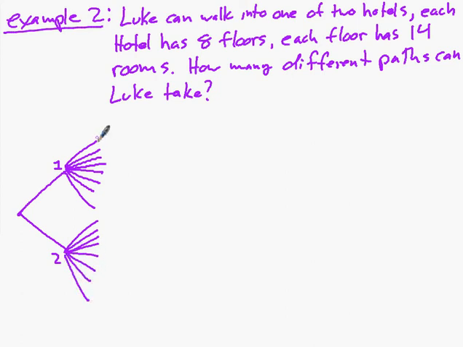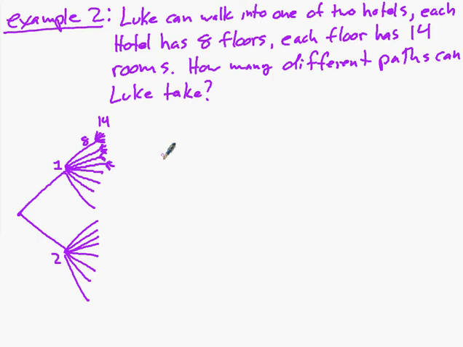Each floor has 14 rooms. I'm not going to, of course, draw them all in, but you get the idea. Each ending here has 14 other branches. Right, so there's going to be 8 branches at this level and then 14 branches at the end.